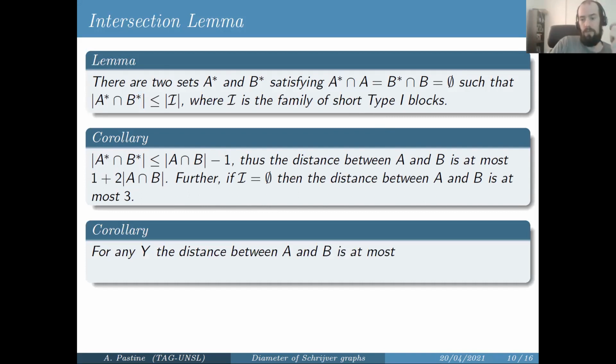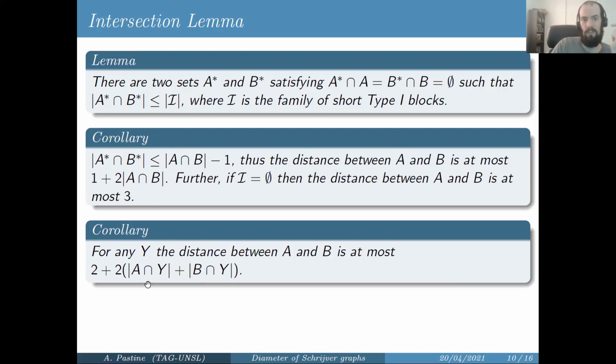And then the other two corollaries that we're going to use are that if we have any outside vertex Y, the distance between A and B is at most 2 plus 2 times the sum of the sizes of the intersections.